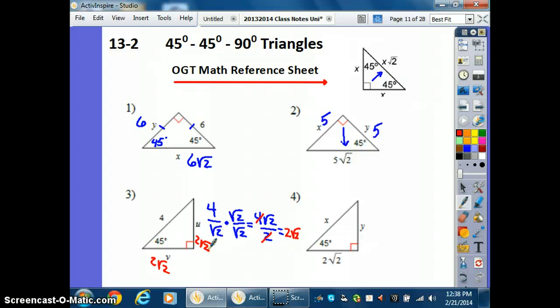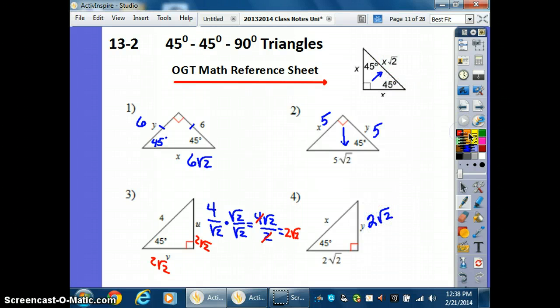The leg is 2 radical 2. So this other leg is 2 radical 2. Now we take the leg, and it says up here we multiply by a radical 2. Another radical 2? Yes.